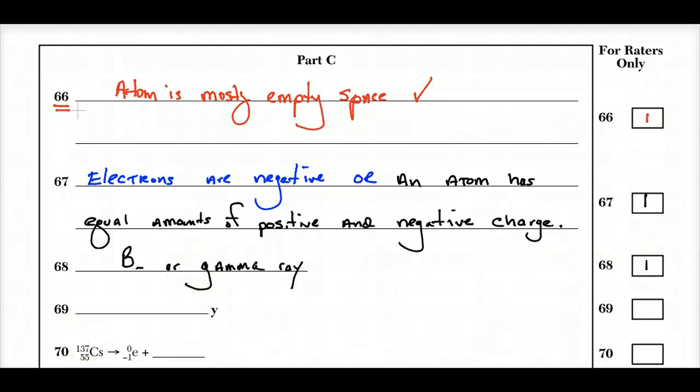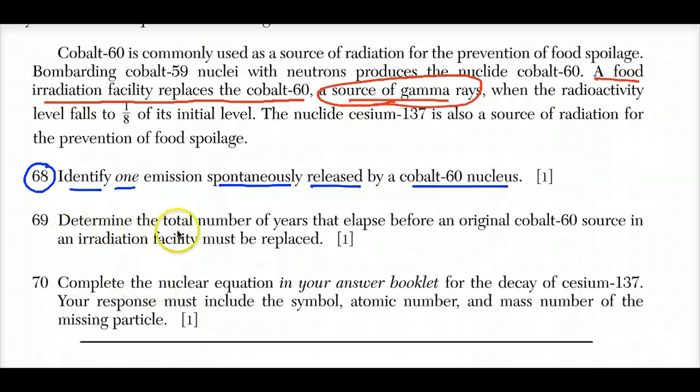Number 69. Determine the total number of years that elapse before an original cobalt-60 source in this facility must be replaced. Okay, so this is a half-life question. We need to know how many total years it'll take before it has to be replaced.